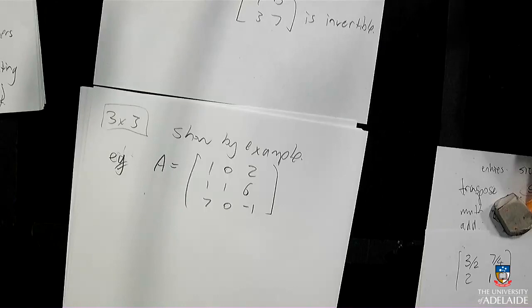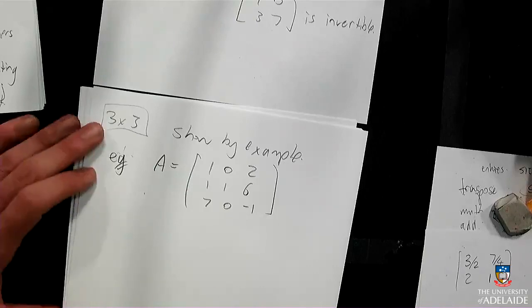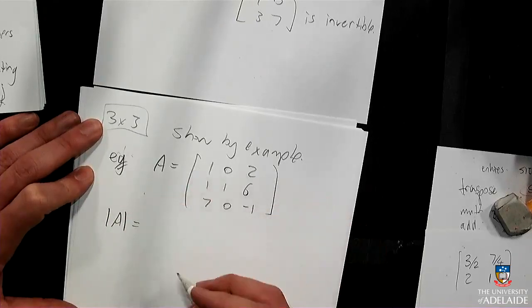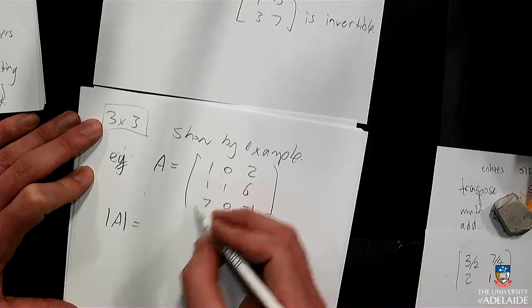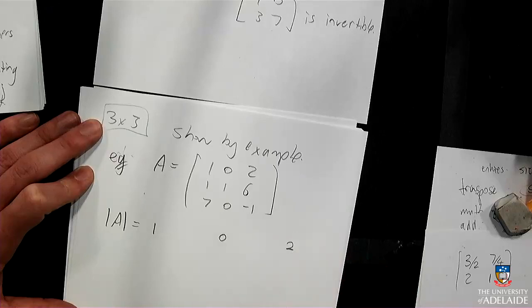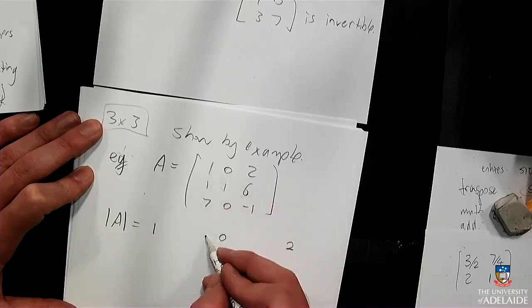The determinant of this is figured out by turning it into a whole lot of 2 by 2 determinants. You're allowed to go along a row or a column and figure it out like that. So the determinant of A, the traditional way to do it is to go along the top row. So you take these entries in the top row, 1 and 0 and 2, and you do them as plus minus plus.